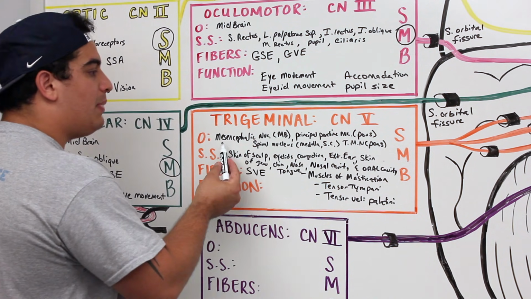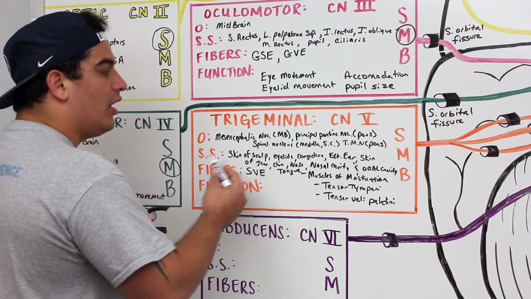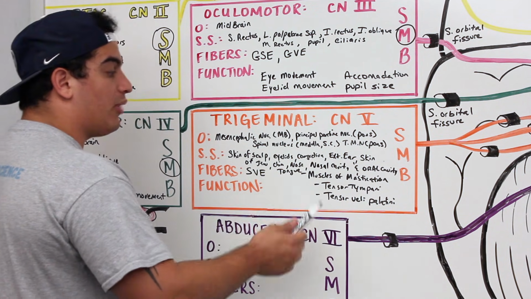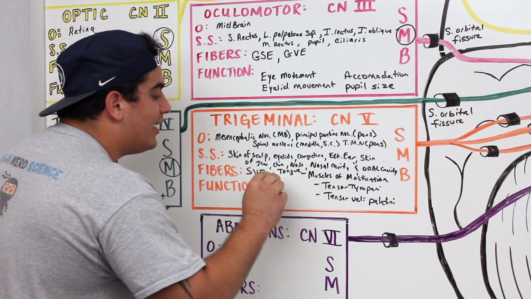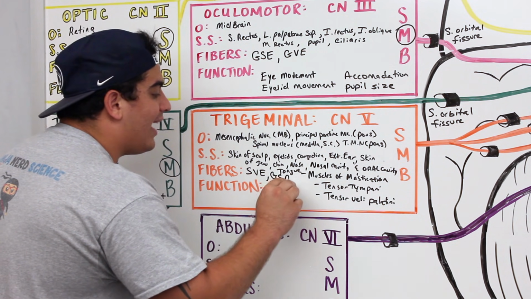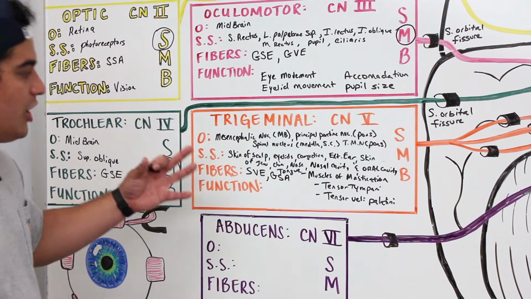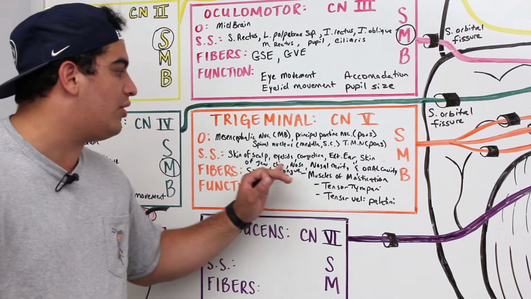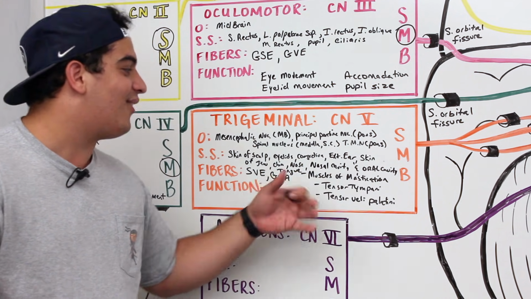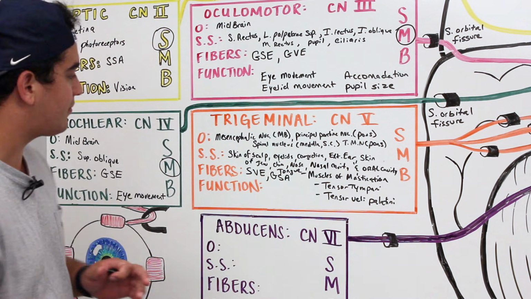Also, because it's picking up touch, pain, temperature, proprioception and pressure from all of these different areas, it's going to have general somatic afferent fibers. So the touch, pain, temperature that supplies the skin of the scalp, eyelids, conjunctiva, external ear, skin of the jaw, chin, nose, nasal cavity, oral cavity, tongue, all those different things.